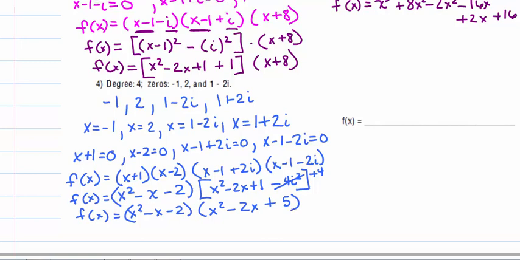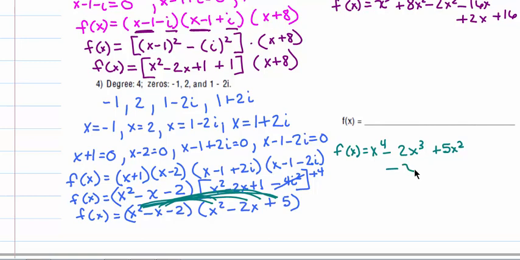Keep multiplying. So now I have to distribute. As I'm going to distribute here, I'm going to also write it in the vertical format. So f of x is equal to x to the 4th. I'm distributing x squared to all three terms. So I have x to the 4th minus 2x cubed plus 5x squared. Now I'm going to distribute my minus x to all three terms.